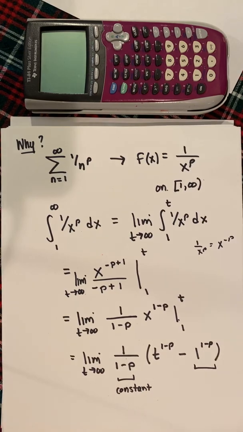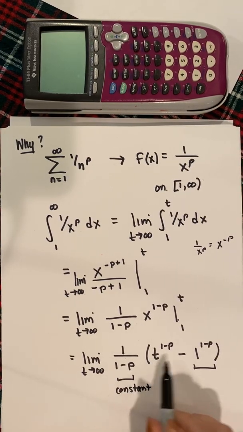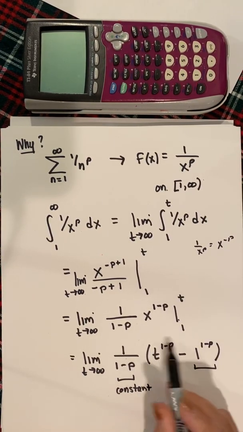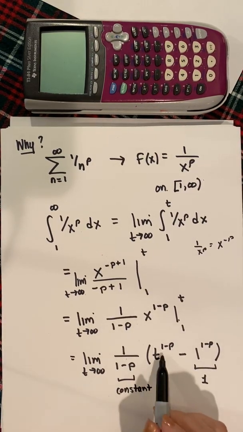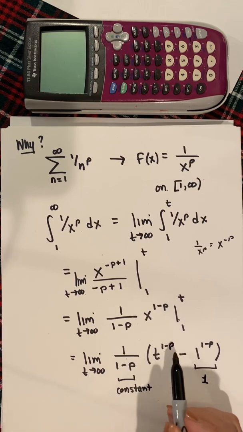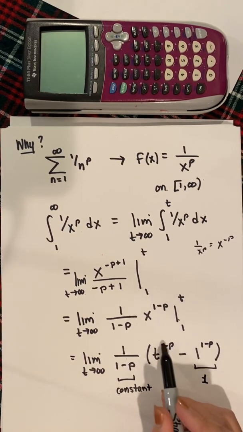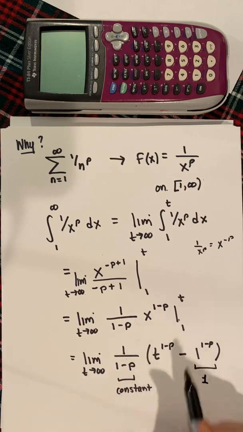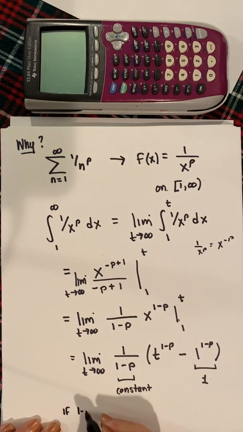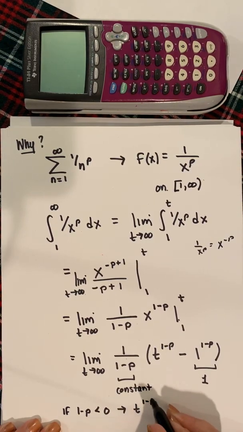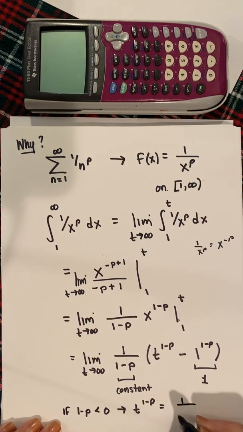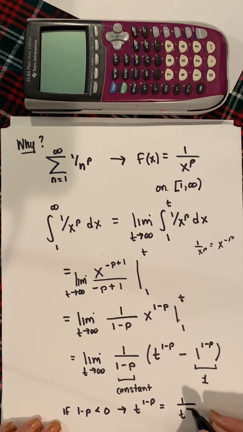So as t gets really big, what's going to make this not be infinite? This is just 1, so we have to see how t to the 1 minus p behaves. Notice if this power is negative, if 1 minus p is negative, then t to the 1 minus p is equal to 1 over t to some power.